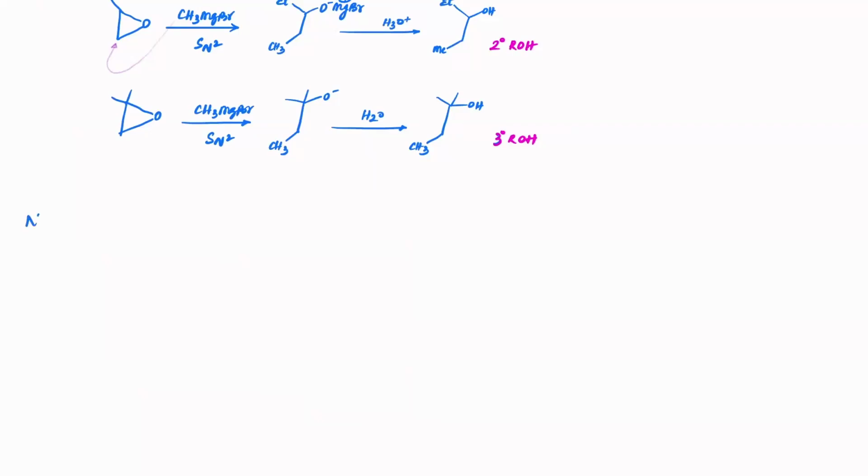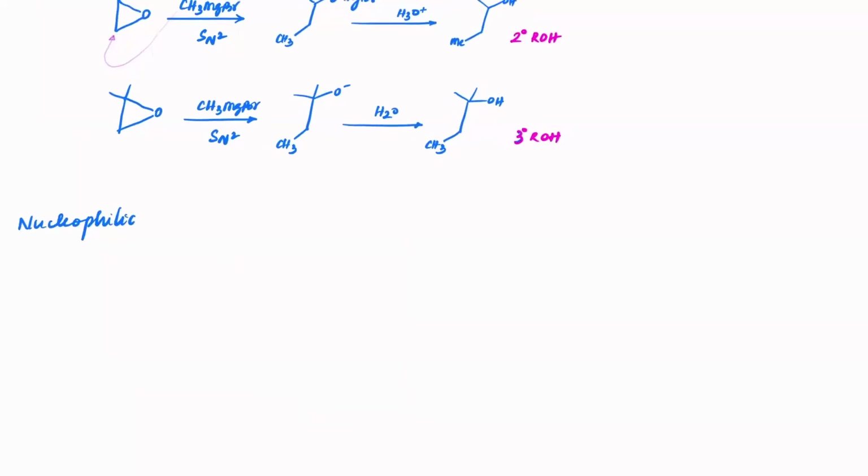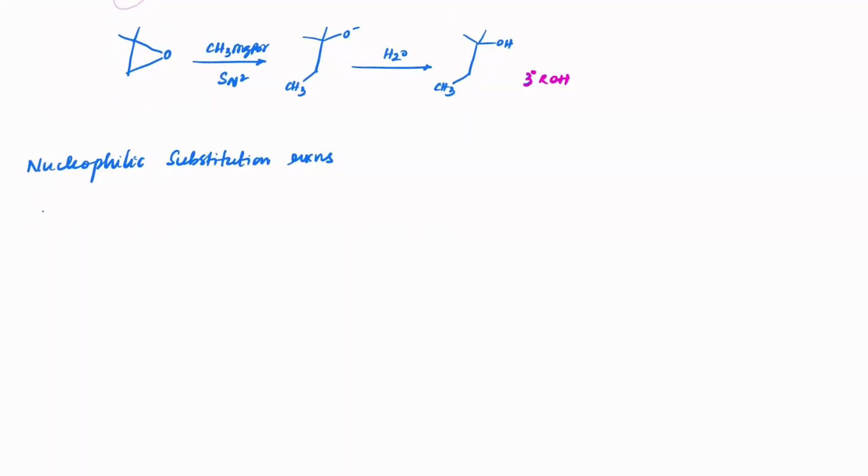This would be nucleophilic substitution reactions. This reaction is also called AN-DN type reactions, which means first addition of nucleophile followed by deletion of nucleophile.